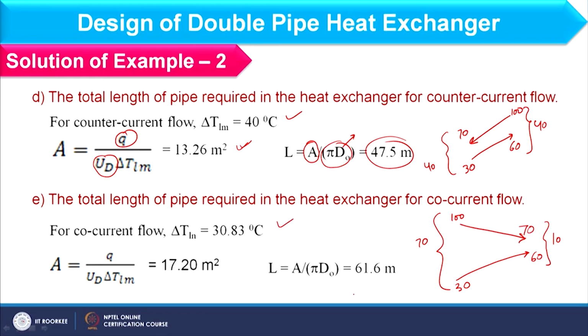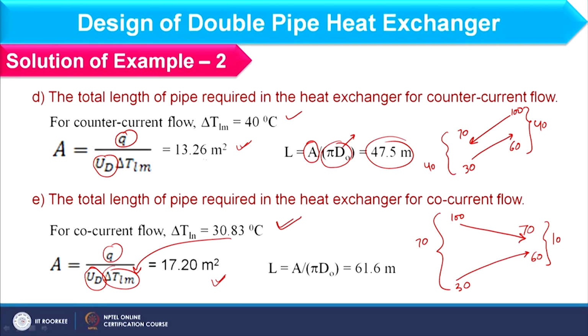Here both temperature approaches are different. Okay. So, you can simply apply LMTD which comes as 30.83. Okay. So, considering Q, overall heat transfer coefficient at dirt condition as well as log mean temperature difference which we have just calculated, you can find out area as 17.2 meter square.